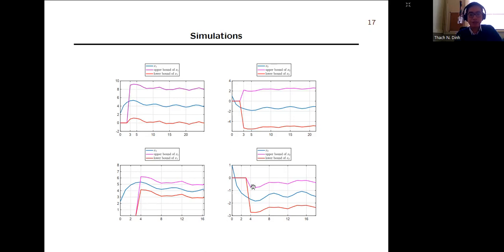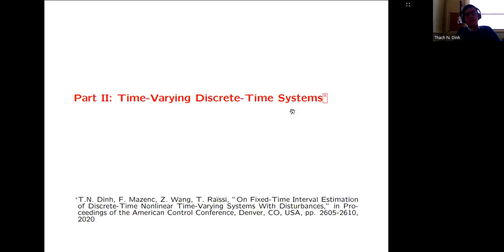As you can see, I choose 2, 3, 4, 5, all kinds of fixed time and many different values of the fixed time, and the results of simulations are good and can illustrate the theoretical development. That is the first part of the talk.